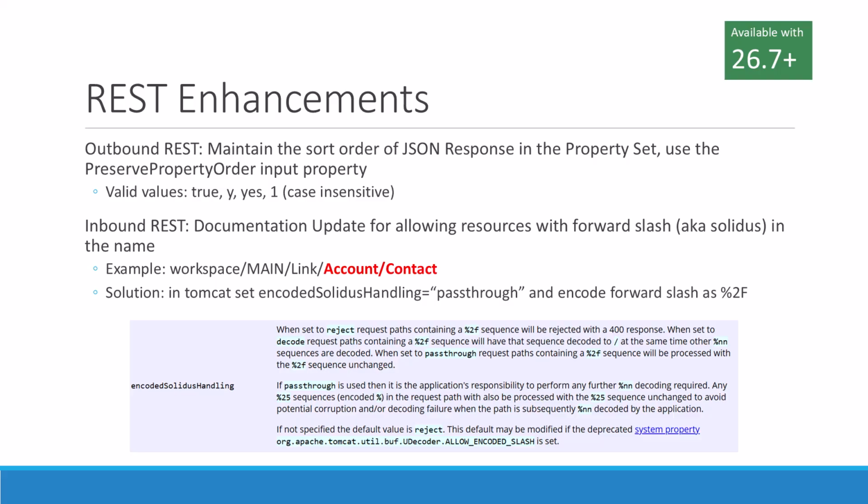The REST guide for 26.7 introduces us to a quick remedy which is not confined to 26.7 or higher. The Tomcat server XML file needs one parameter named encodedSolidusHandling set to pass-through, and voila, an encoded slash, aka solidus, gets through.